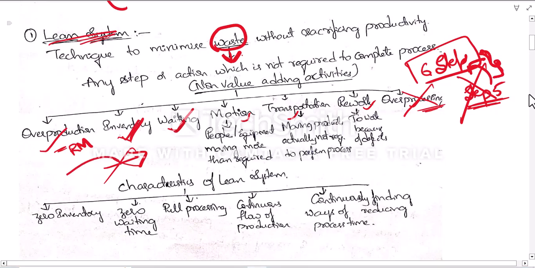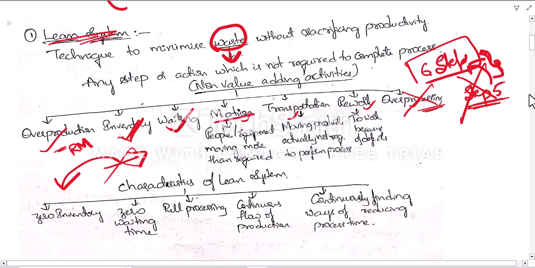We can do it at the supplier itself. So waiting is also waste, because the customer will be waiting for the product. If we keep on checking the product now, it will be delayed, and the customer may choose another supplier. So it will also affect the profit of a company.